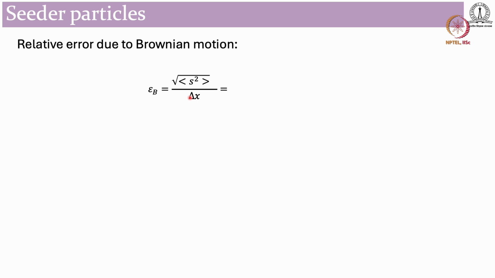So this is the normal displacement of the particle, and if you solve it you will get something like this, using the formula we derived in the previous slide, which gives the relation 1 over uf into the square root of 2D by delta t.